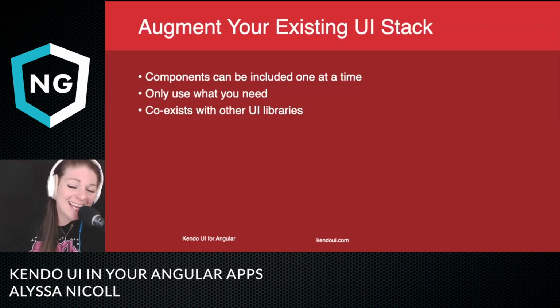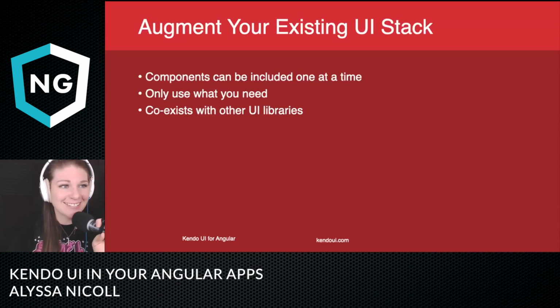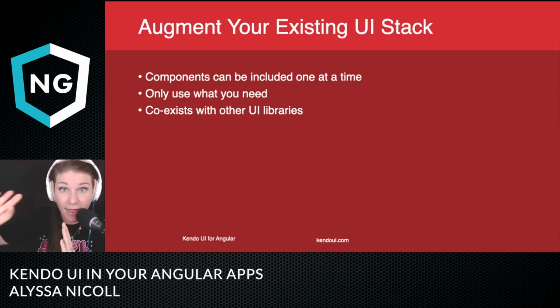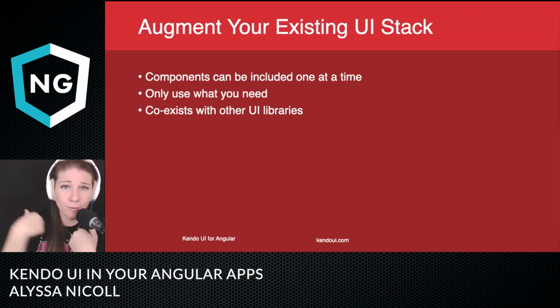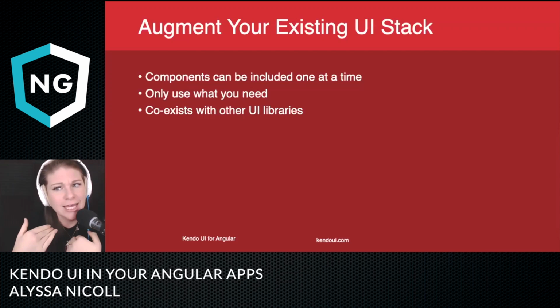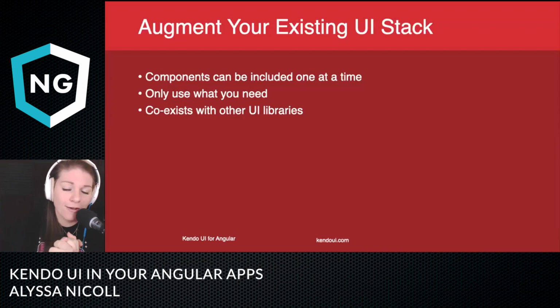Our docs walk you through a lot of that as well. We coexist nicely with other UI libraries. I once did a talk called Giving Bootstrap the Boot. It was probably my most controversial talk I've ever given. I got a ton of hate and a ton of love from that. Either people were like, yes, 100%, I feel you on the Bootstrap pain, or they were like, Bootstrap is life, what are you talking about?